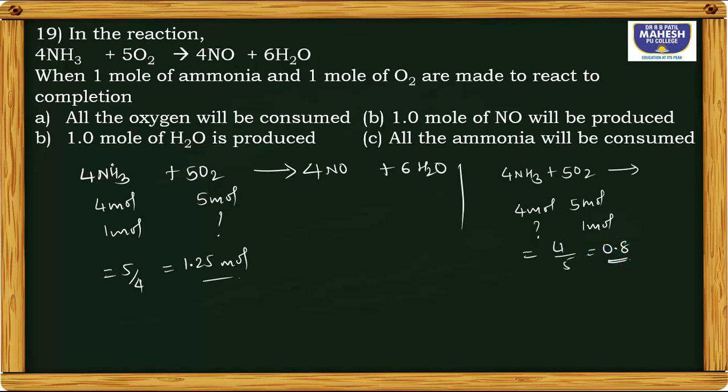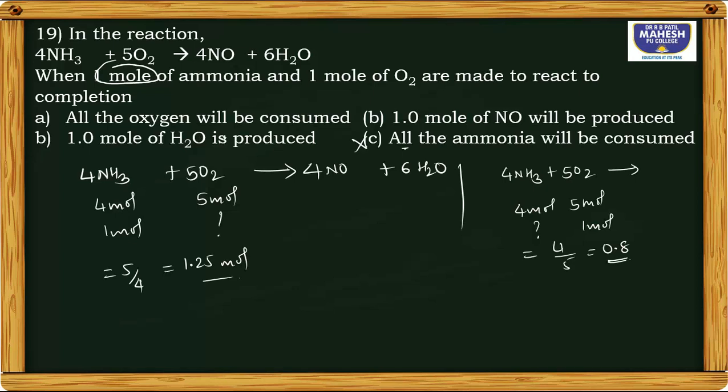So ammonia is in excess. Out of 1 mole, 0.8 reacts and 0.2 remains. Is that statement there? No, that statement is not there. They told that all the ammonia will be consumed. No, 0.8 mole is consumed and 0.2 remains. So this can't be the answer.